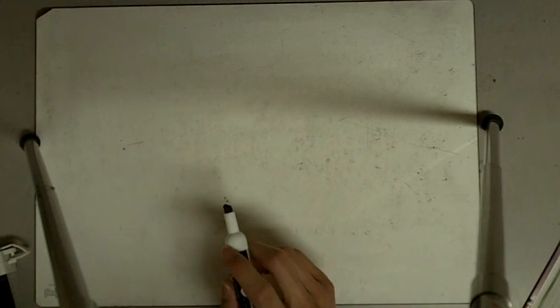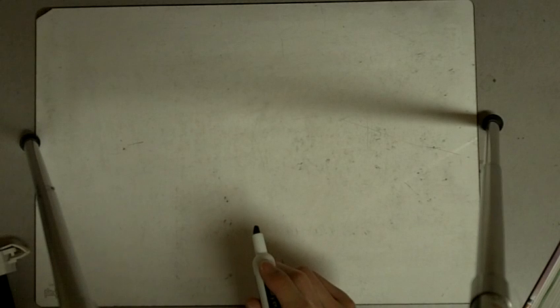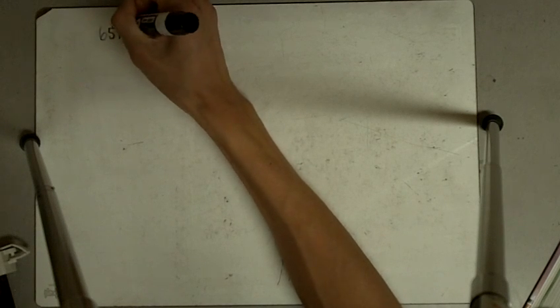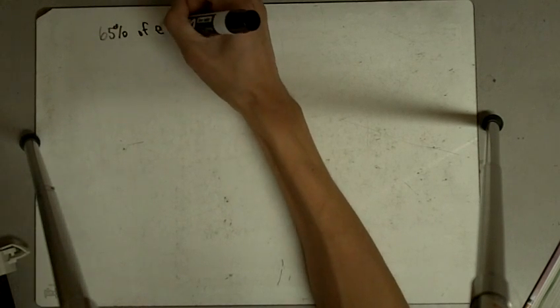According to the Oregon Bar Association, approximately 65% of people who take the bar exam pass. So 65% of examinees pass.